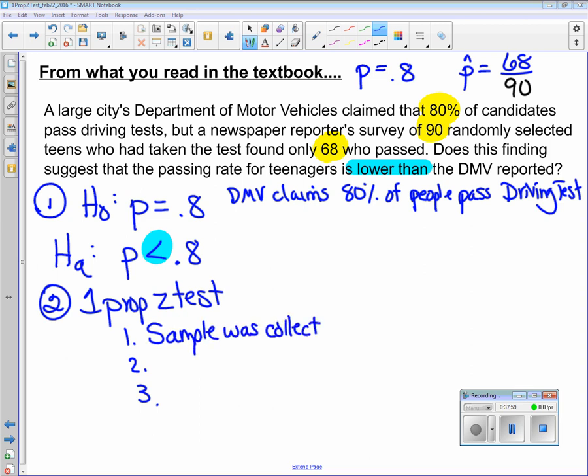I don't have to worry about representative. It says randomly. All right. Step 2. I don't know if they are or not. Maybe. But we definitely know that 90 is going to be less than 10% of all drivers, don't you think? So let's do that. We know that for sure.